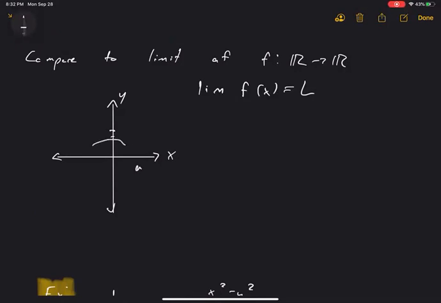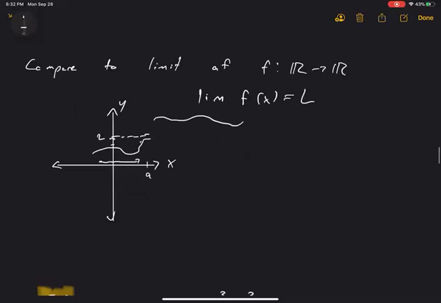So let's say I have a function that's like this. That's my A. And then at A, it has this big jump, right? So the limit coming from this direction, maybe that's equal to this value, L. But then if I'm coming from this way, what is my limit here?